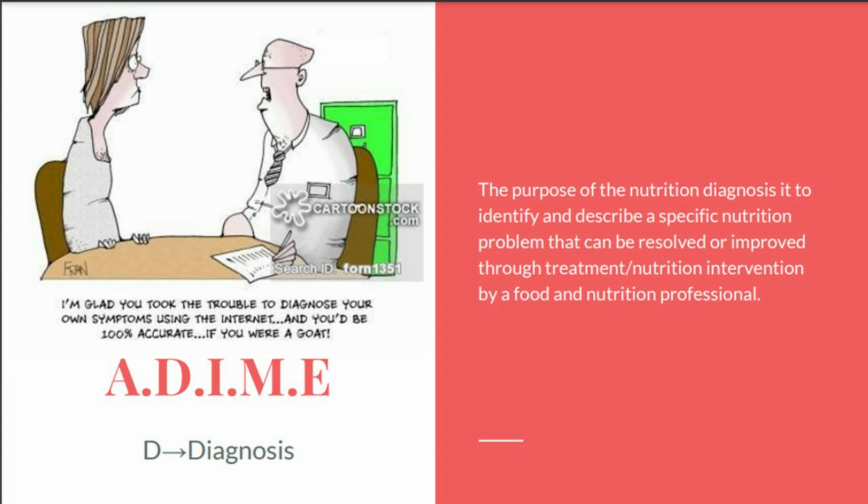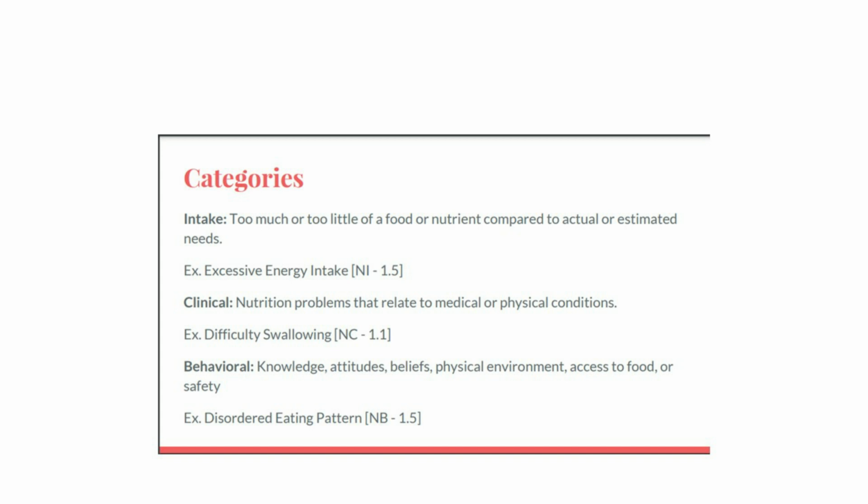When creating a nutrition diagnosis statement, specific nutrition diagnostic terms and the etiology, signs, and symptoms will be identified. Nutrition diagnosis can reflect intake, clinical, and behavioral issues. I will give you an example. For example, an individual is coming to your clinic who has been newly diagnosed with celiac disease.